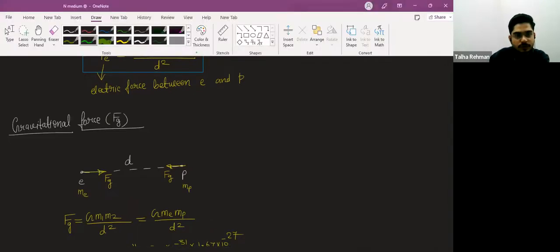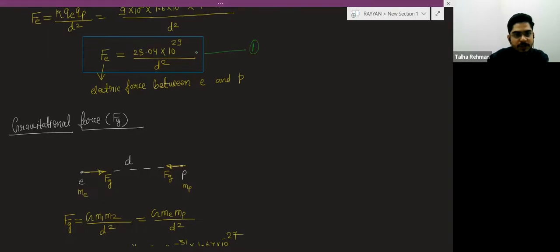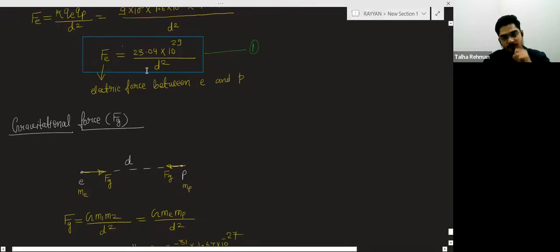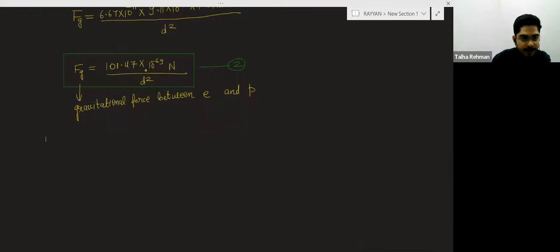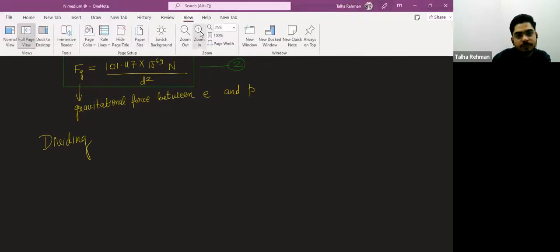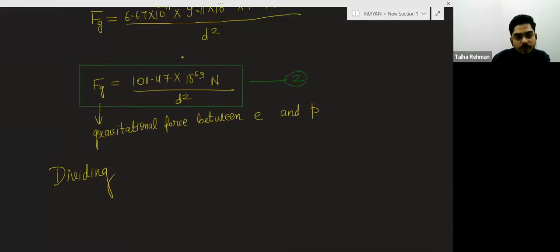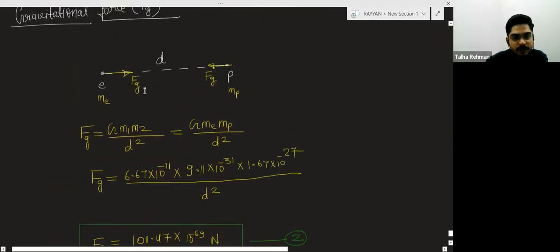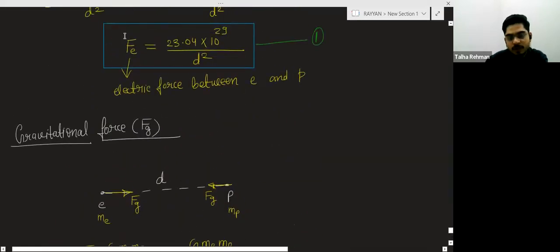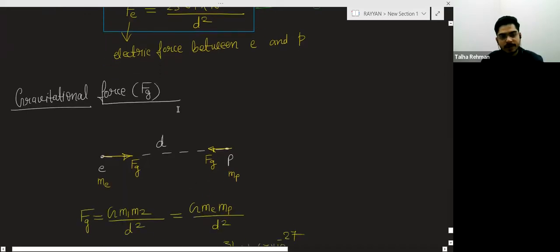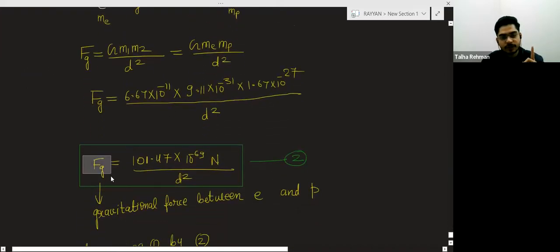How will we divide? See, on the left hand side of equation 1 we have Fe, and on the left hand side of equation 2 we have Fg.